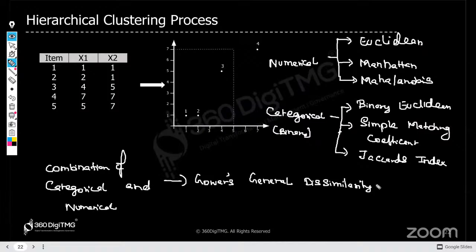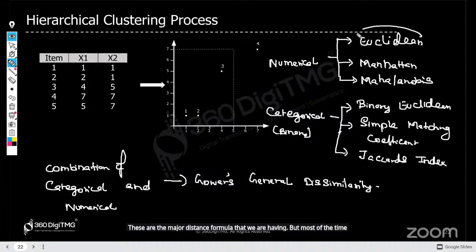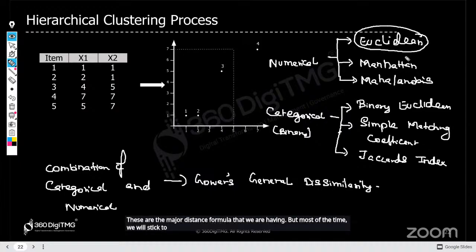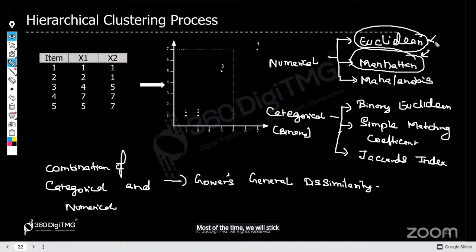So these are all the distance formulas that we are having. We will use any kind of distance formula in our ML model. These are the major distance formulas that we are having. But most of the time, we will stick to using either Euclidean distance or Manhattan distance.